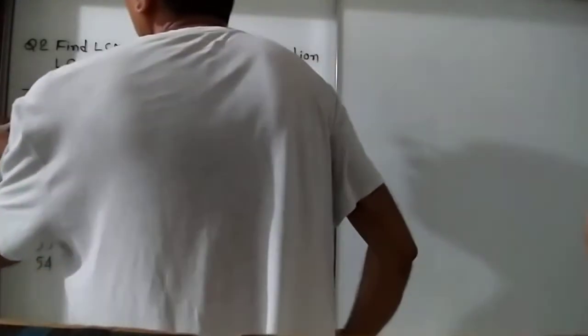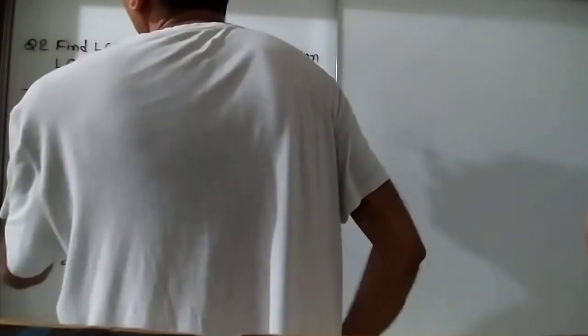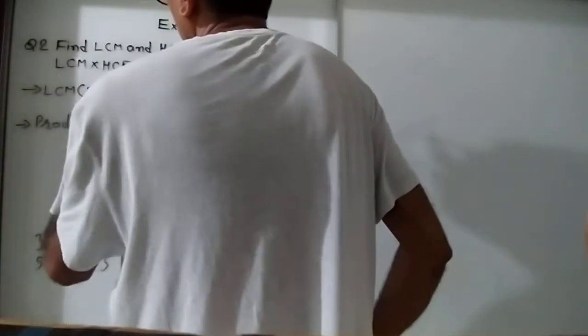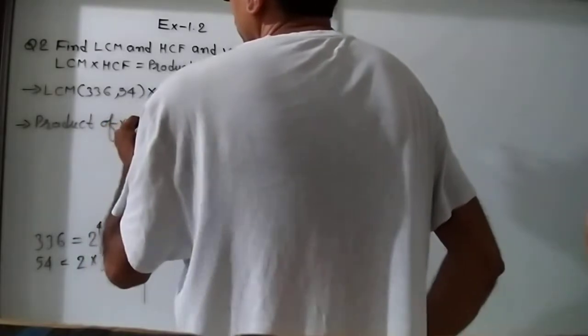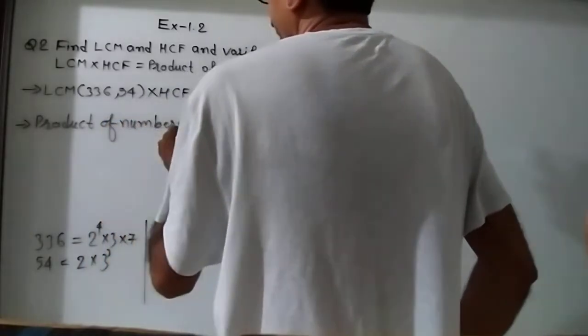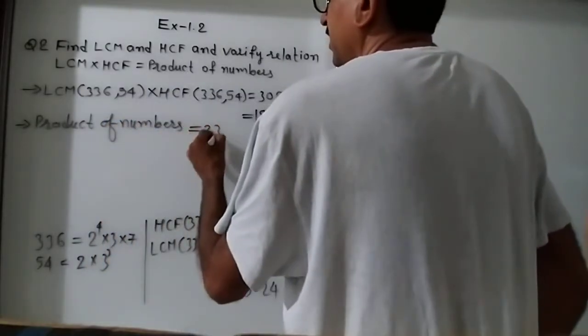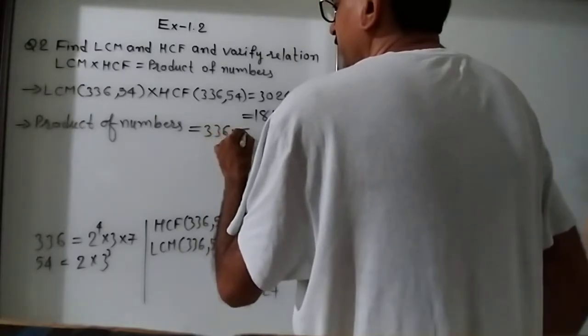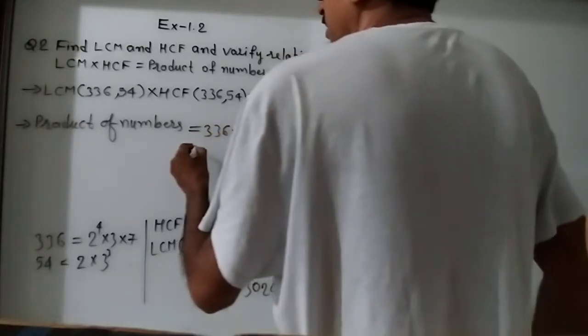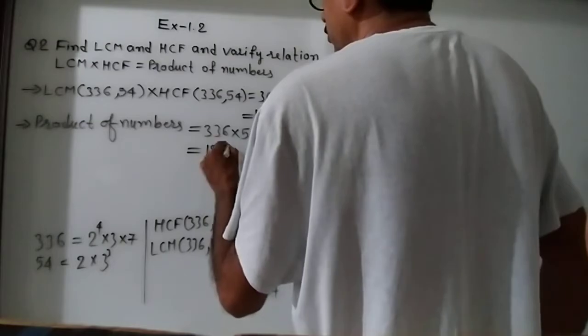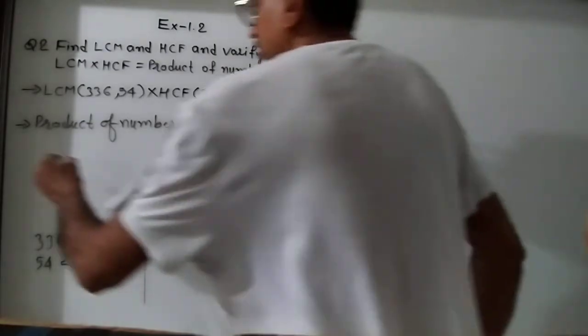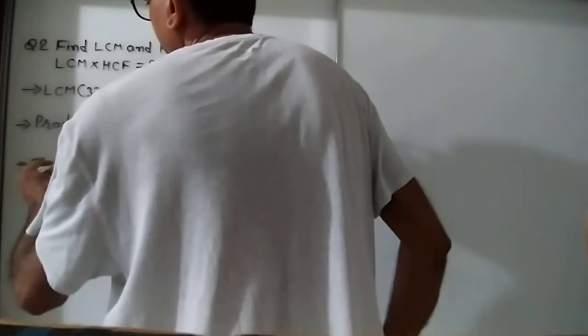Now we take the product of the numbers, which is equal to 336 into 54. It would be the same. Thus, what can we write?